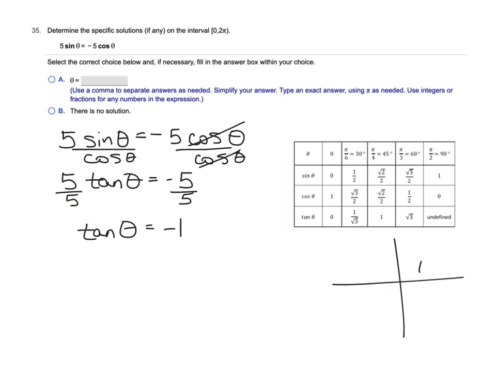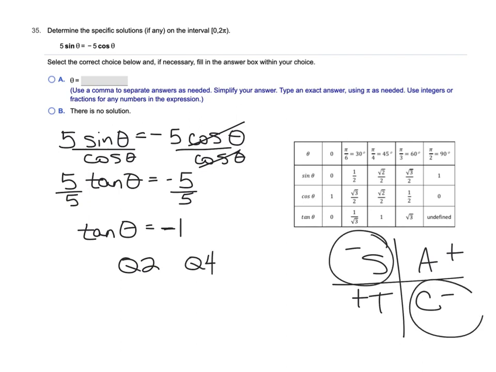So once again, for tangent, tangent is positive in first and third, negative in second and fourth. And I'm looking for where the tangent is negative 1. So that would be quadrant 2 and quadrant 4, because those are the two negative ones, right? Okay, so let's look it up. Where's the tangent 1?